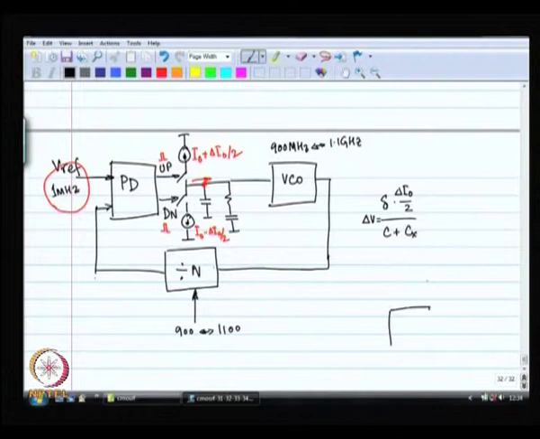So, there is a signal coming in, think of it as a filter. Your input is the up and down signal, right. Your output is the control voltage.